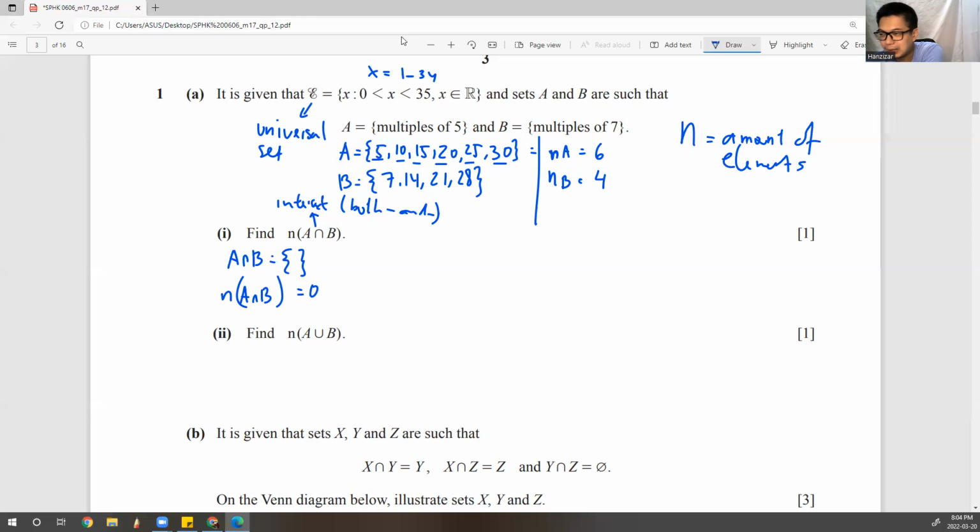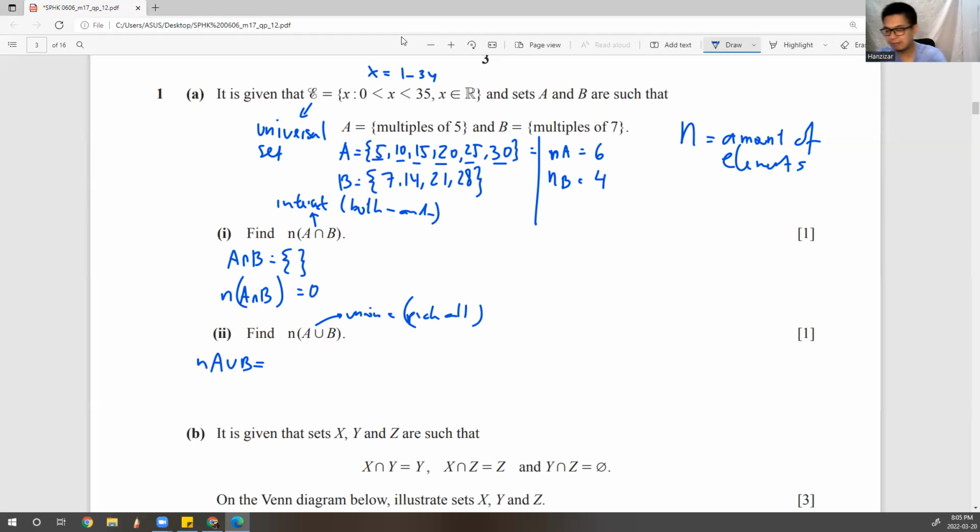Okay, now n(A union B). Union means you pick all, or actually it's either or, either A or B. So n(A union B) is everything, right? 6 plus 4, because they are exclusive sets.